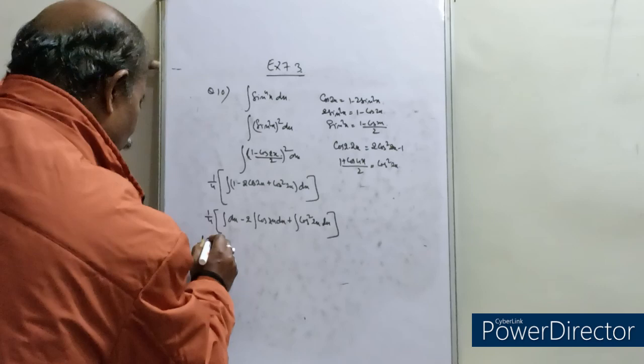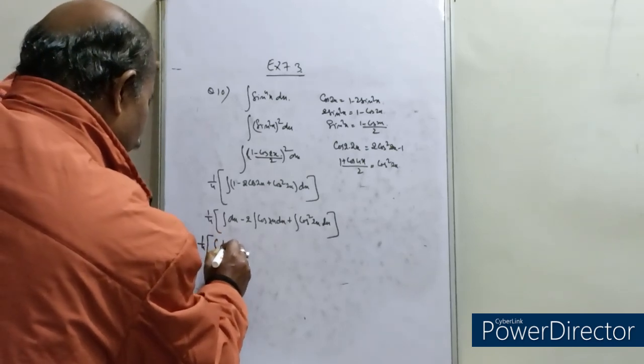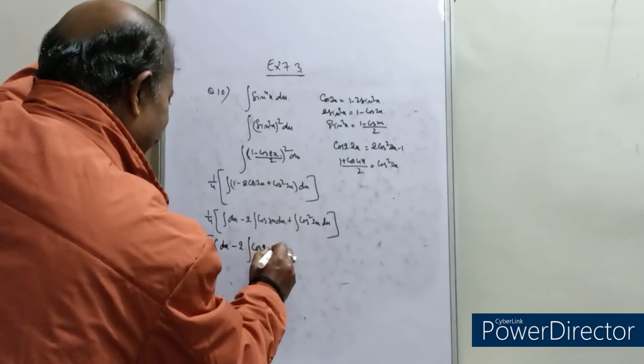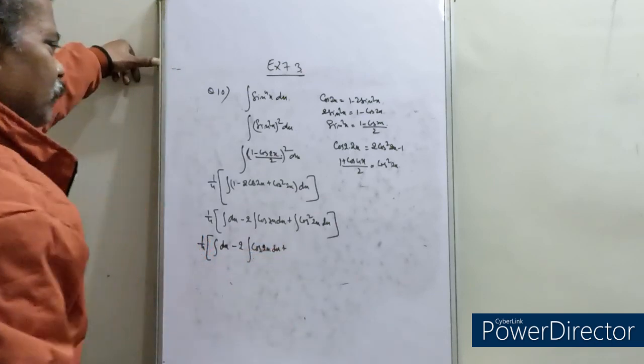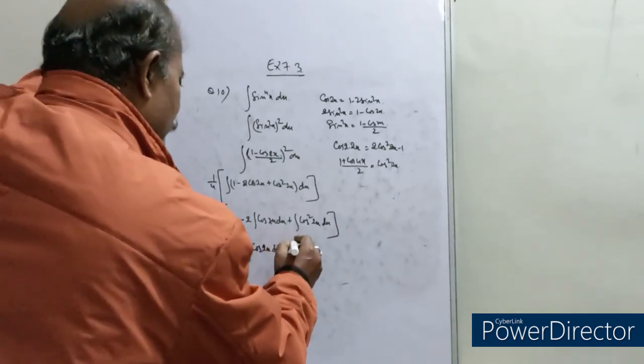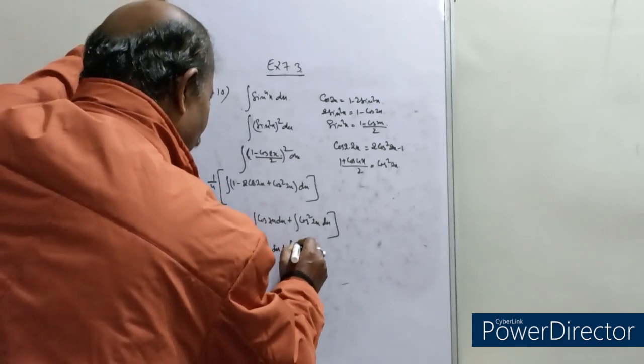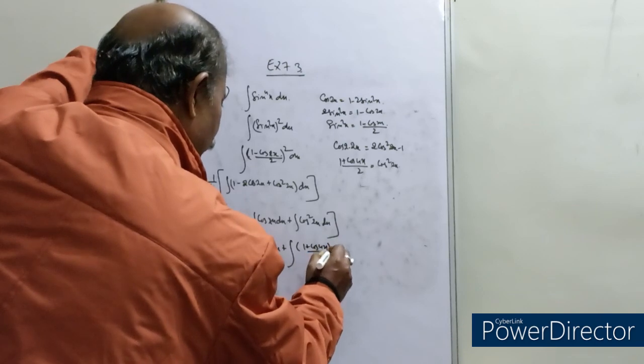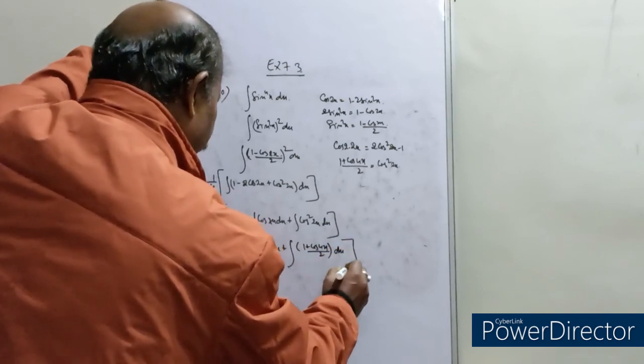So 1 by 4, that is integration of dx minus 2 cos 2x dx plus, now instead of cos square 2x I am going to write 1 plus cos 4x by 2 dx.